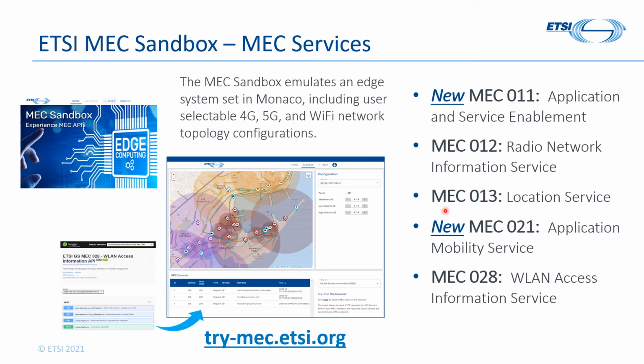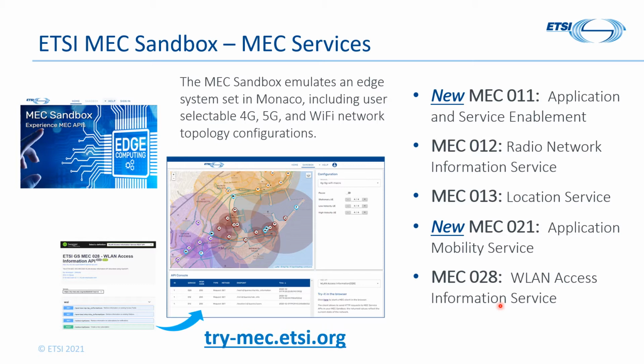It also offered MEC 13 Location Service. It provides location information of the terminals that are in the system, and MEC 28 Wireless LAN Access Information Service, which provides wireless information for terminals in the wireless LAN access network.